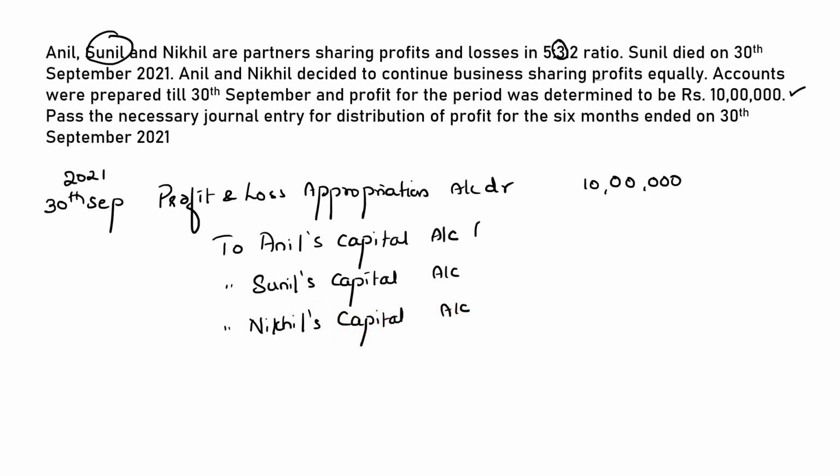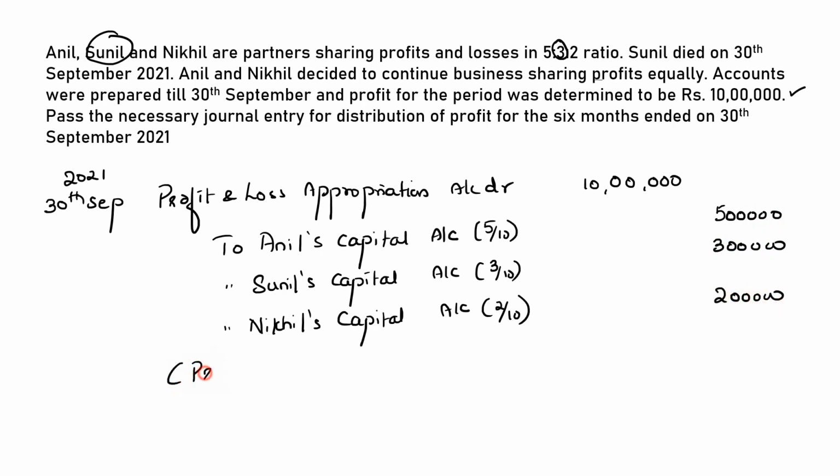So it would be distributed in the ratio of 5/10, 3/10, 2/10. So it comes to 5 lakhs, 3 lakhs and 2 lakhs respectively. So this is how the profit is distributed in the profit sharing ratio.